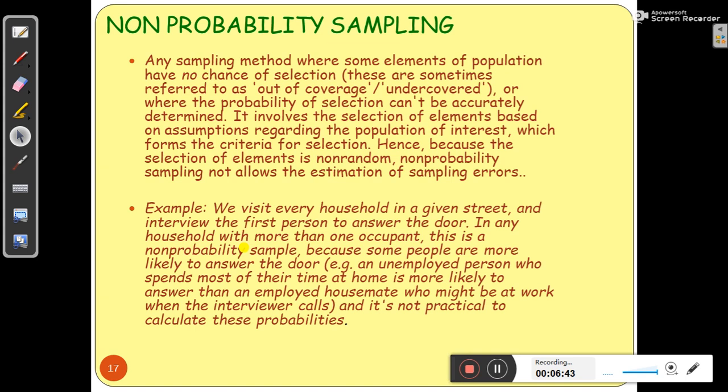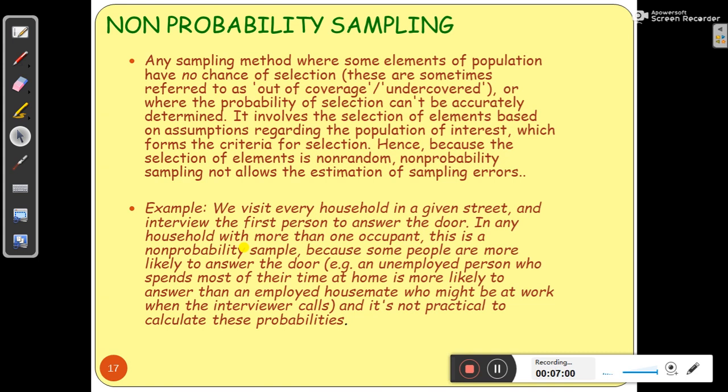These are sometimes referred to as out of average or undercovered, meaning those elements might not have any chance of selection.